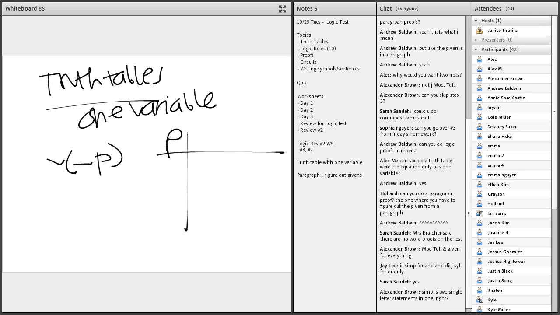So here's P. If there's only one letter, then you only have two choices for your answers. It's either true or false. So you don't have to do the usual true, true, false, false because there's no Q here.